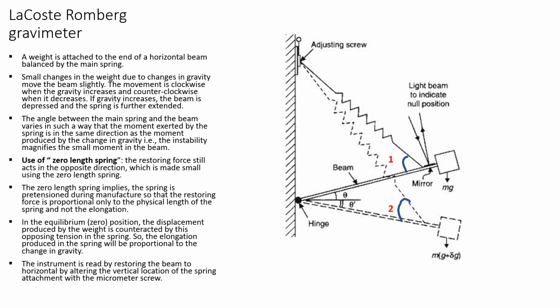So during manufacture, the zero length spring is pre-tensioned so that any restoring force that is there in the spring is only proportional to the physical length and is not equal to any elongation or displacement which is produced in the spring. So that restoring force is already there when the weight is in equilibrium position, that is in the zero position. So in equilibrium position, the weight is sustained by this opposing tension in the spring.